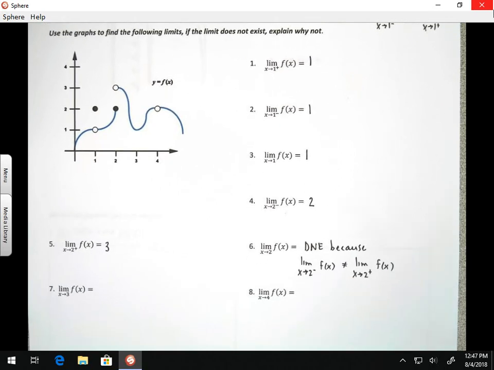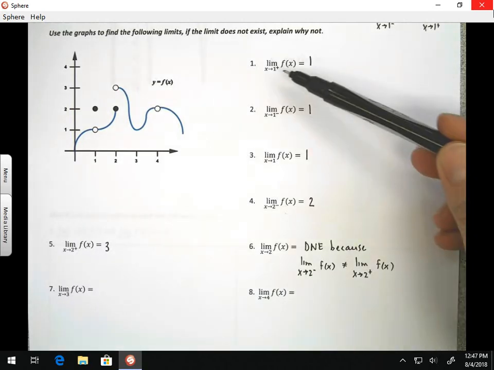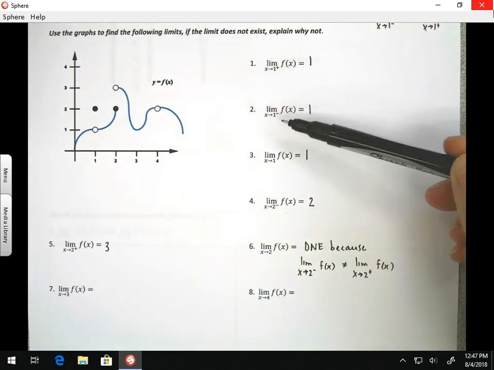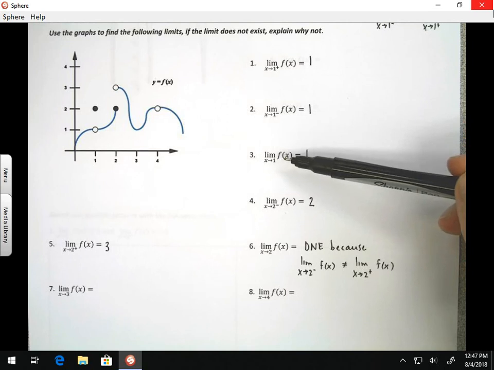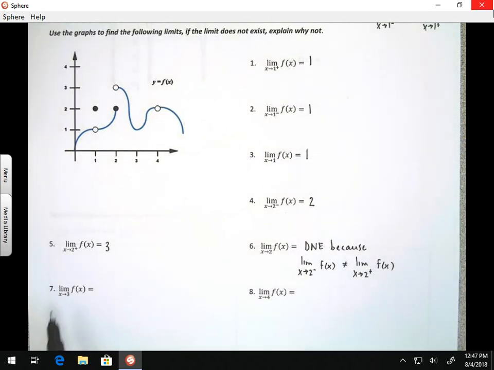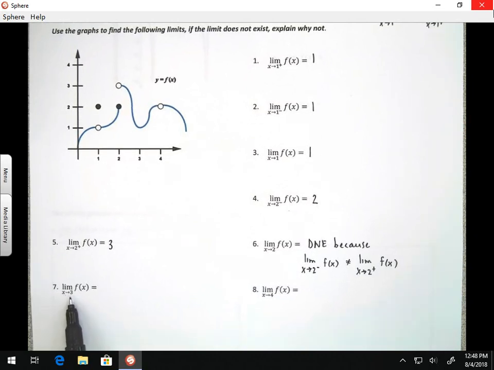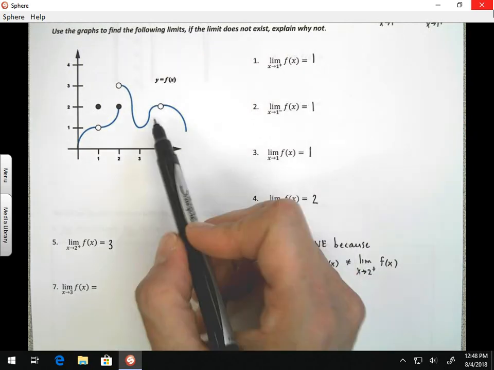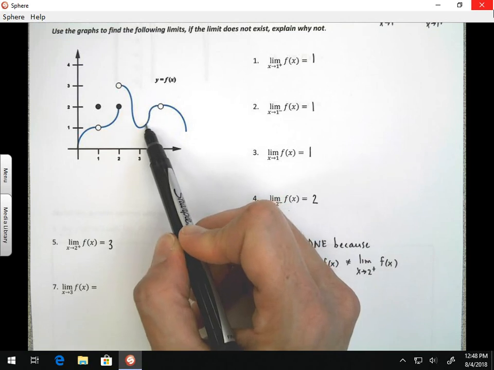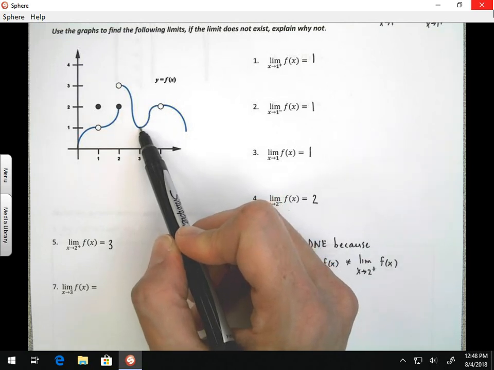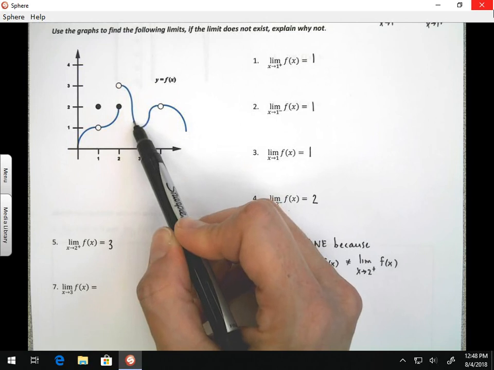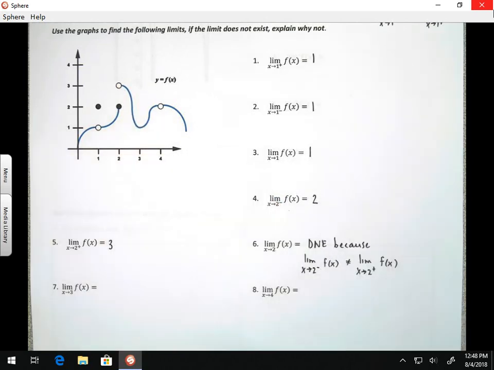Now, these scaffolded the problems for us. They had us look first from the right side, then from the left side, and then consider the two-sided limit. So we have to be careful in a problem like number 7 that we consider both one-sided limits before deciding if the two-sided limit exists. As I approach 3 from the right, I have a value of 1. From the left, it's also 1, so that limit is just 1.